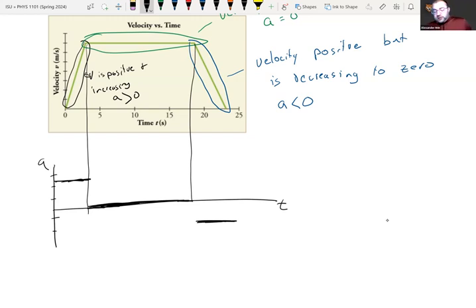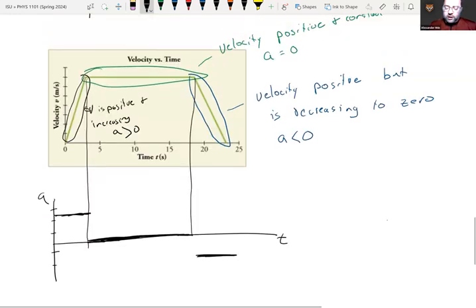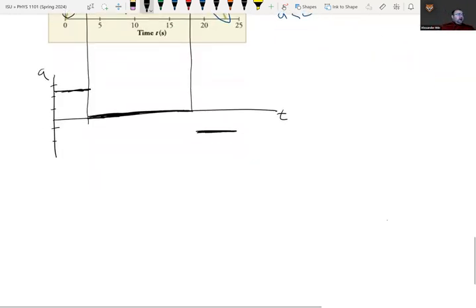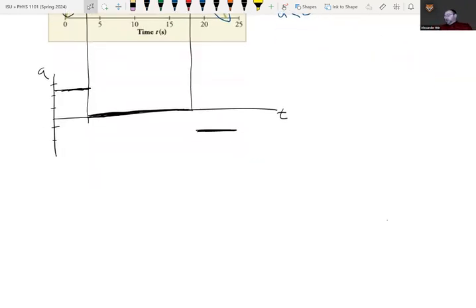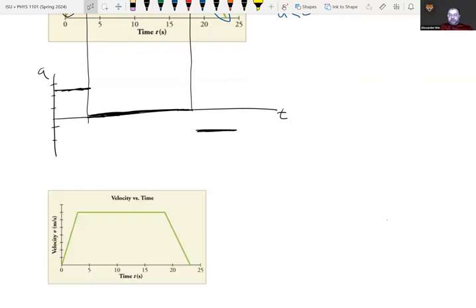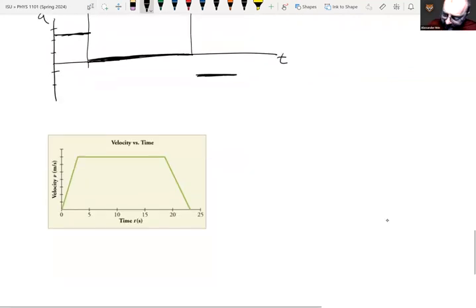Now, there is a way to construct a position time graph for this. As it turns out, it needs some calculus, which I'm not going to go into. So that is neither here nor there. But what you can do, I'm going to copy this one more time, is you can get displacement from this graph.